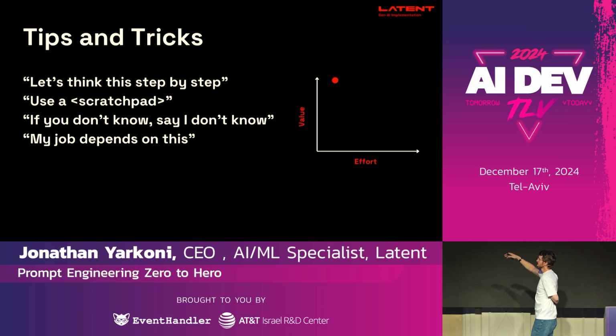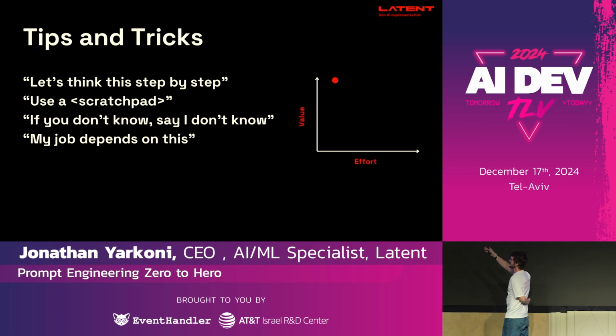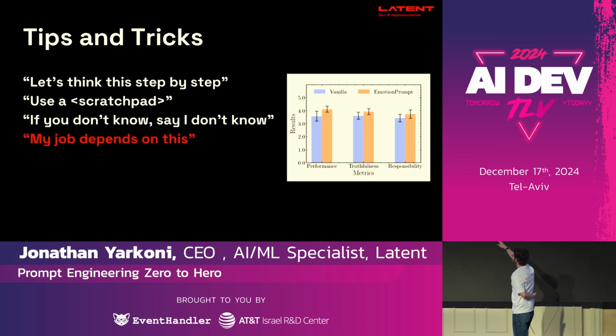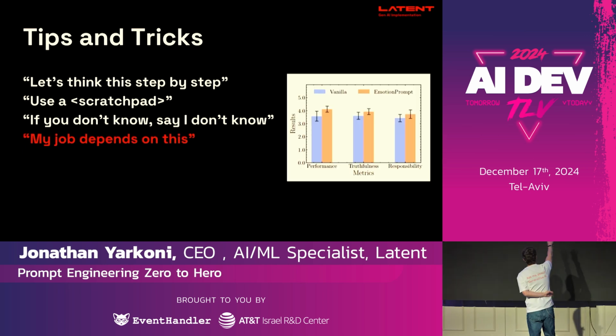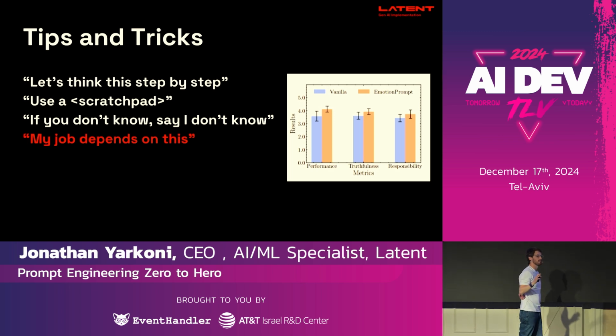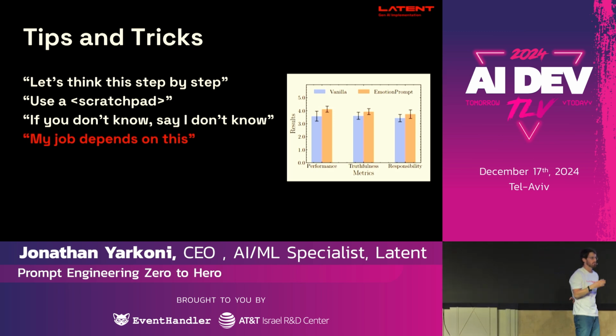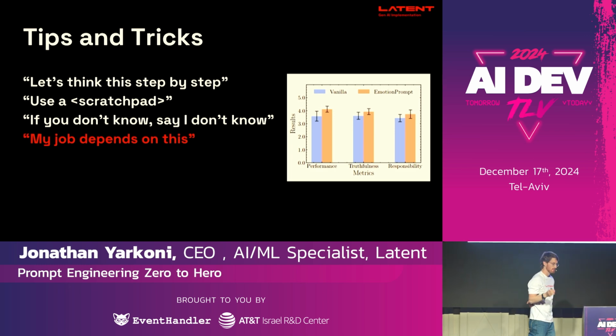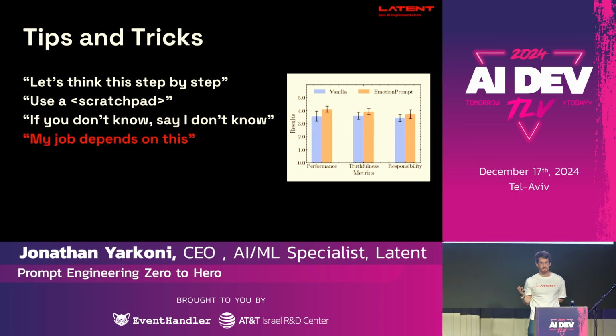Or there's a paper called emotional stimuli, which is the last one, and all you really have to do to leverage this is say something like, my job really depends on it. It's almost irrelevant what prompt you're writing. As long as you add this, you're probably going to get a performance increase. And it's that easy to do this.